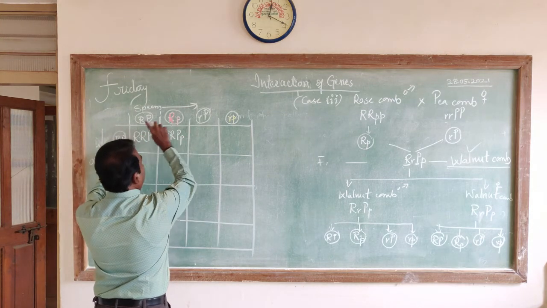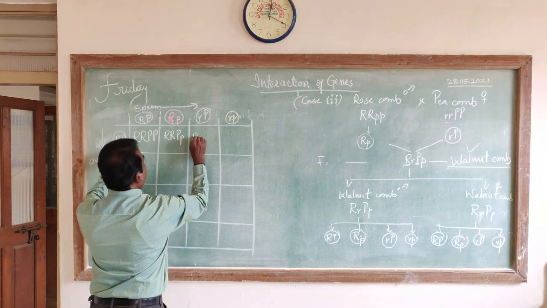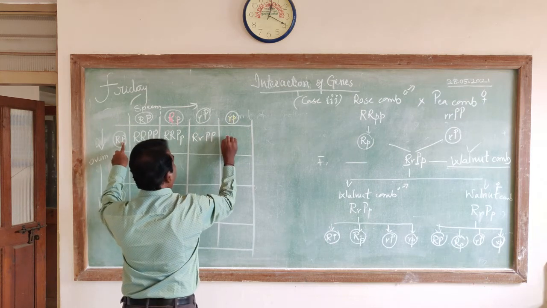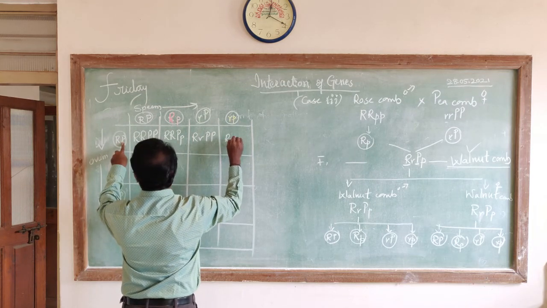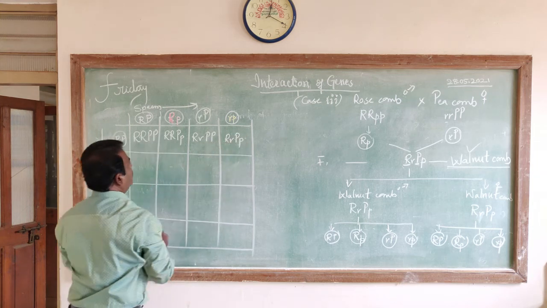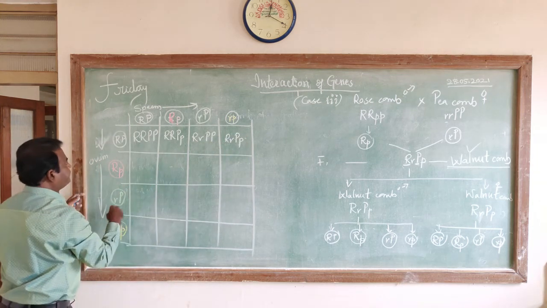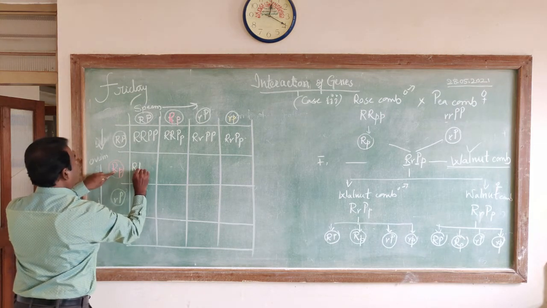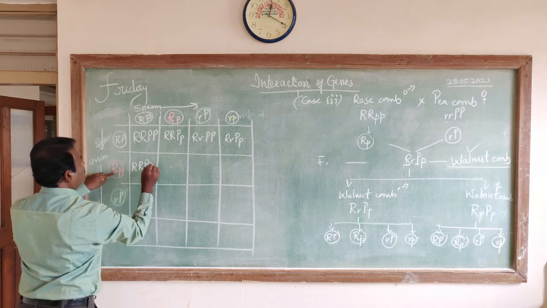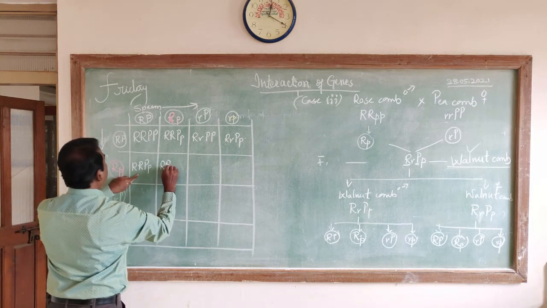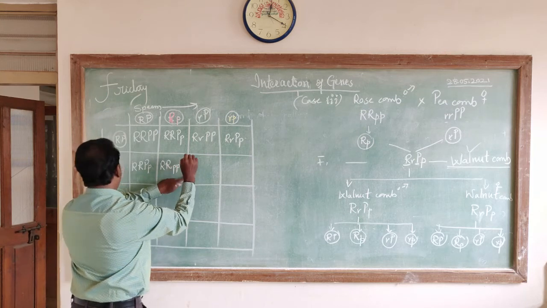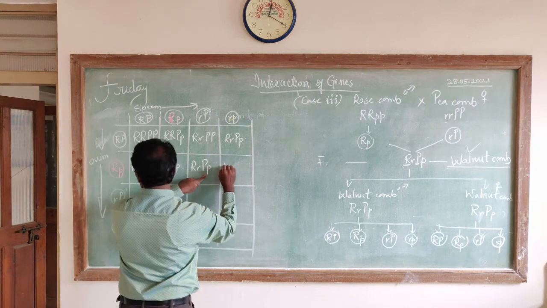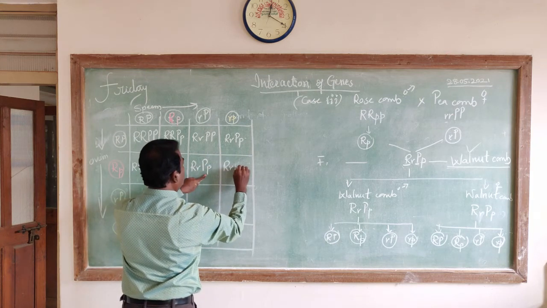And if this sperm here unites with this, it is capital R, small r, capital P. And this here unites with this kind, that is capital R, small r, capital P, small p. Then second row: capital R, capital P, small p; capital R, small p; capital R, small r, capital P, small p; and capital R, small p.